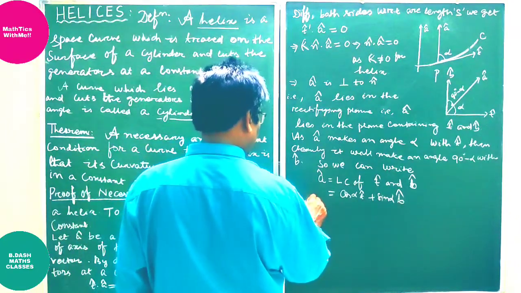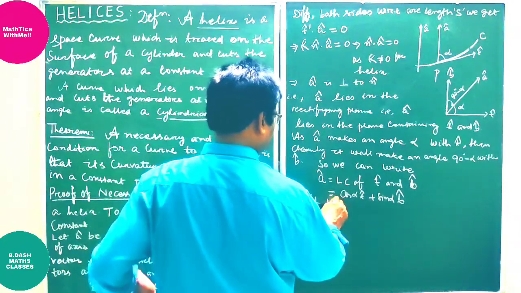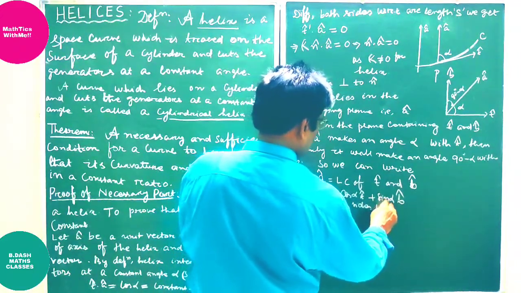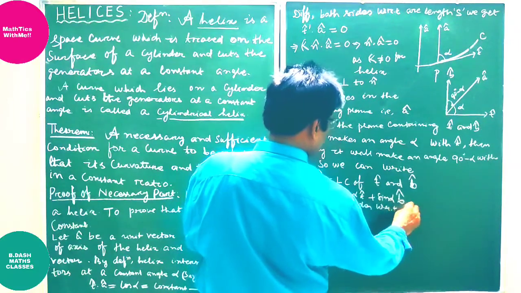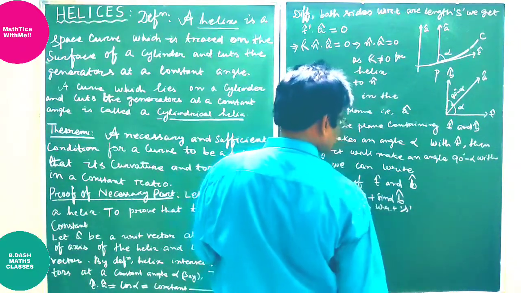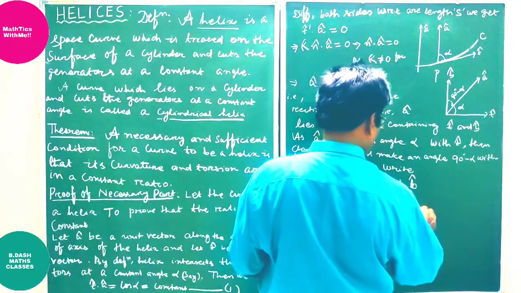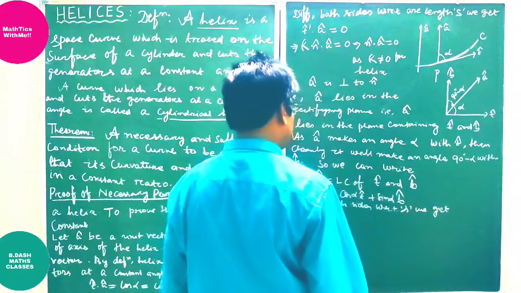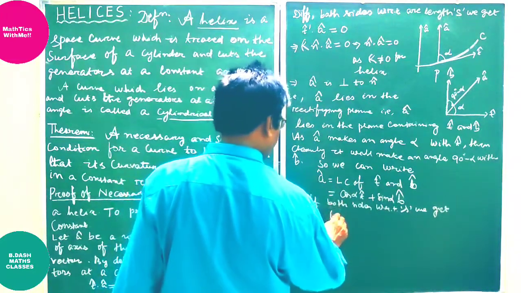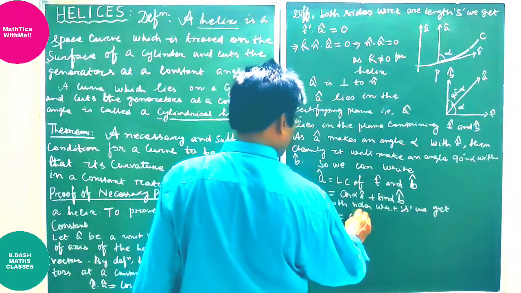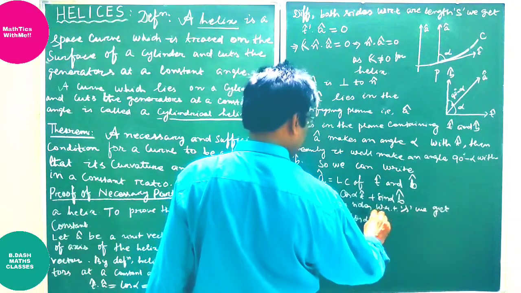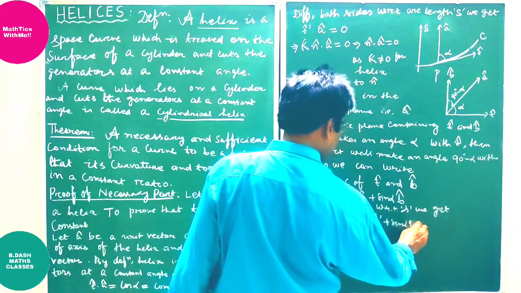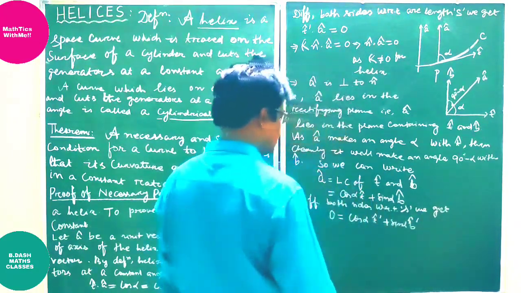Now differentiating both sides with respect to arc length s, we get 0 is equal to cos alpha t cap dash plus sin alpha b cap dash.